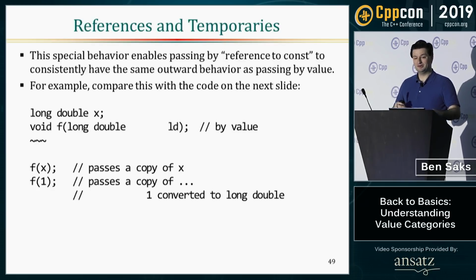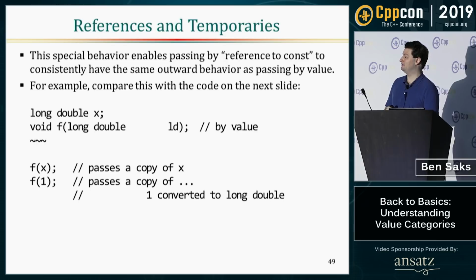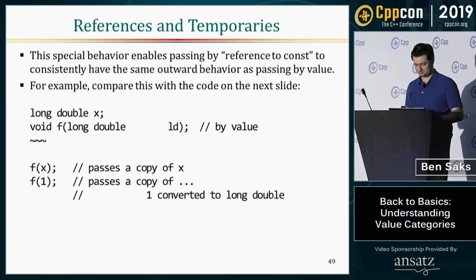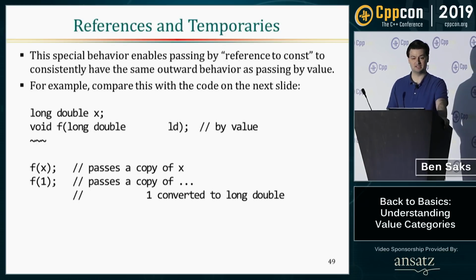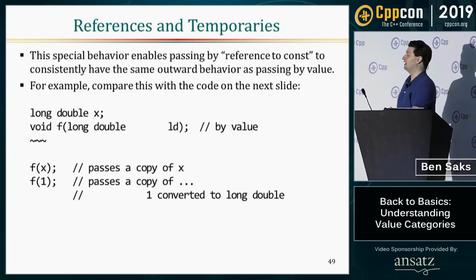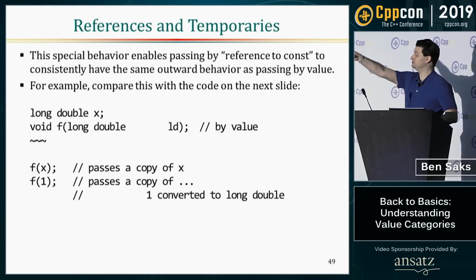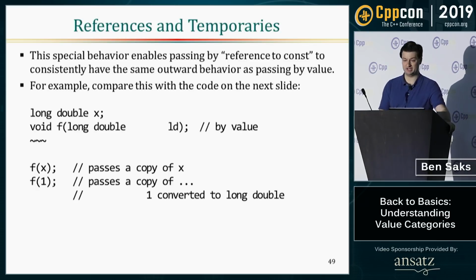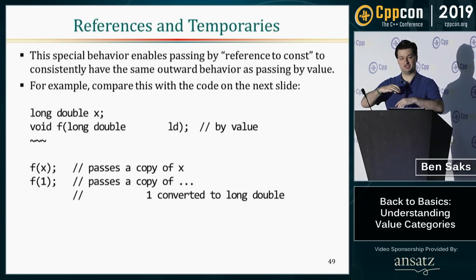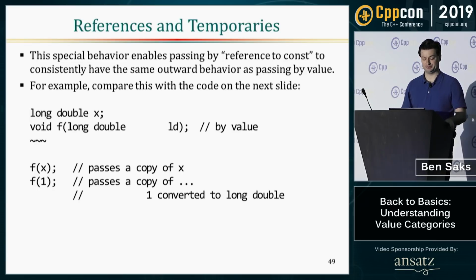But think about what happens if I pass by value. So here I have a function f that takes a long double by value. I can pass it a long double value, like x there, in which case we just generate a copy of x and pass that off as the argument to the function.